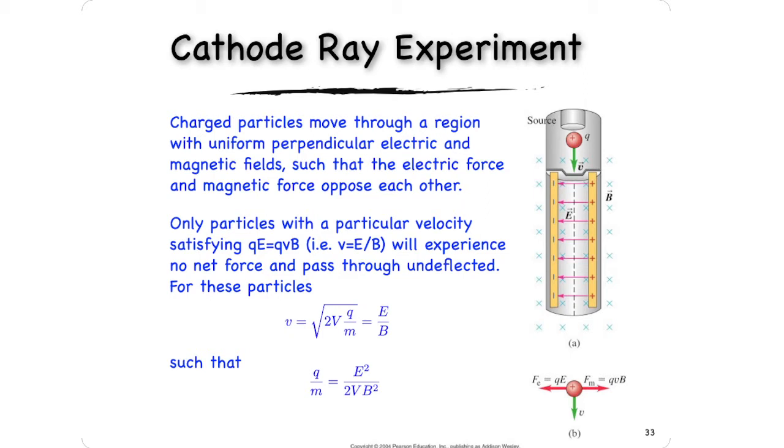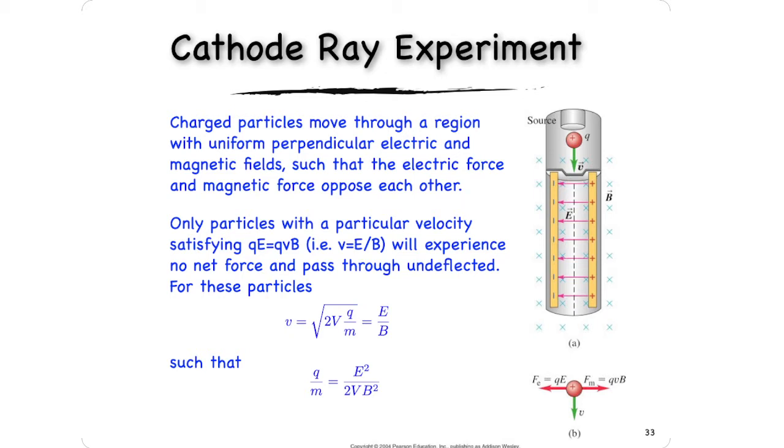And so that charge to mass ratio, really interestingly, turned out to be a constant regardless of what material the cathode was made of. So these particles that are coming off of the cathode are presumably parts of the cathode, parts of the metal. So you might think that a copper cathode would have maybe a copper atom flying off of it, and a silver cathode might have a silver atom flying off of it, and those have different masses.